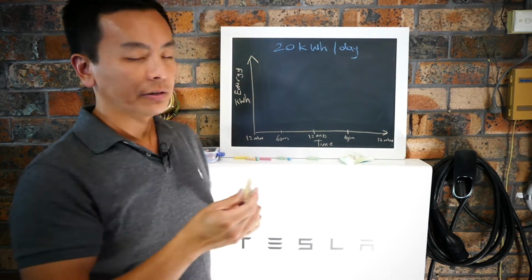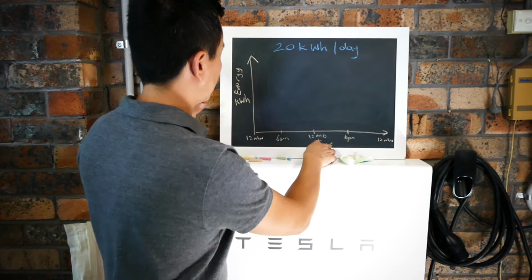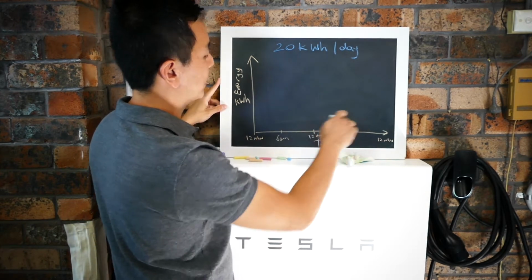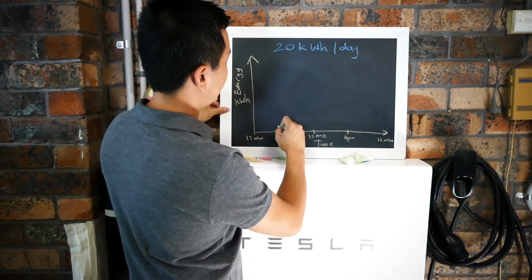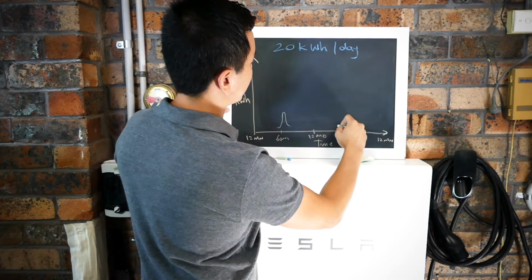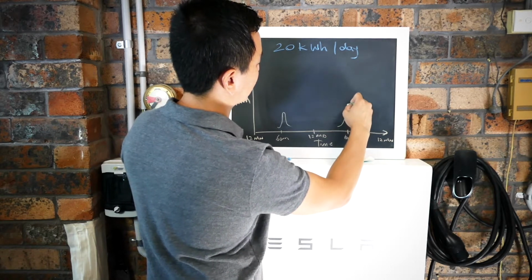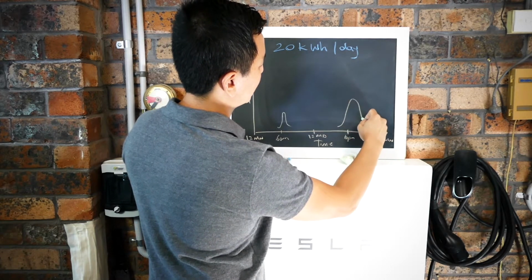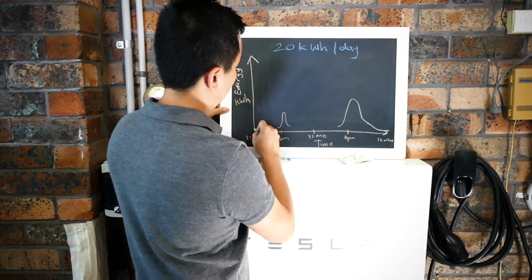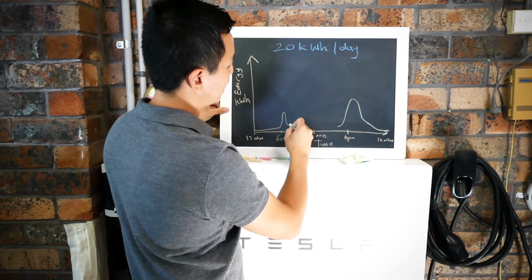If you saw my other videos, you'll also know that there are two peaks of electricity usage in the house every day. There'll be a peak here at 6 a.m. for breakfast, and there'll be a peak here at about 6 p.m. again when everybody is home. And then it'll taper off again into the night. And during the day, it's pretty flat as well.